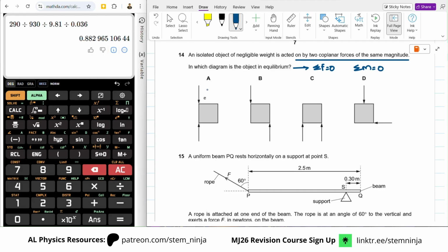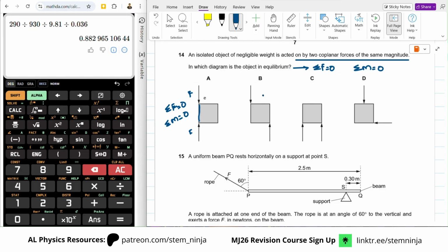If we look at A, these forces are basically opposite. So this is F, this is F. So sum of forces is definitely equal to zero, but they also produce no moment, because their lines of action are aligned. So sum of moments will also be equal to zero.